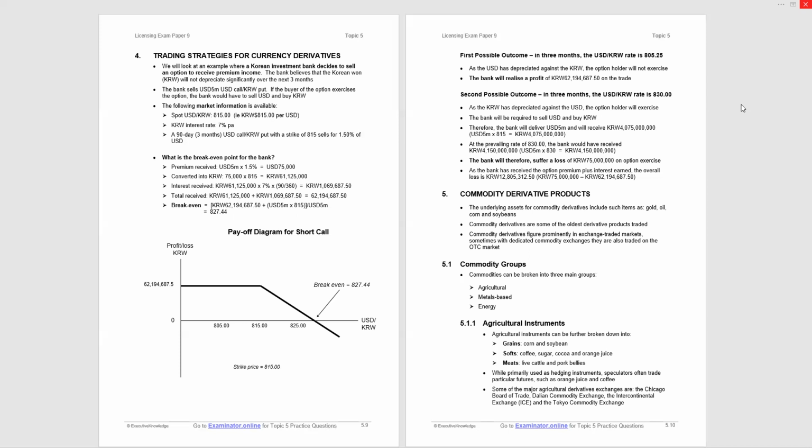At the prevailing rate of 830, the bank would have received 4,150 million. The bank will therefore suffer a loss of 75 million won on the position. And as the bank has received premium plus interest earned, the overall loss is actually 12,805,312.50. It's highly unlikely you're going to get numbers of this size in the actual exam.